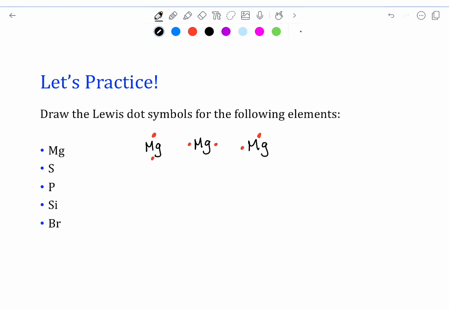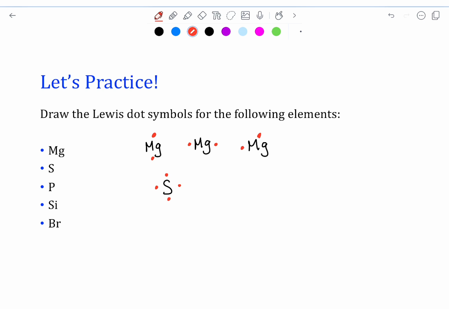Next up, we have sulfur, S. If we find sulfur on our periodic tables, we see that it is element number 16, and it comes from group 6A. Therefore, it has 6 valence electrons. So, to draw those valence, we're going to do 1, 2, 3, 4.